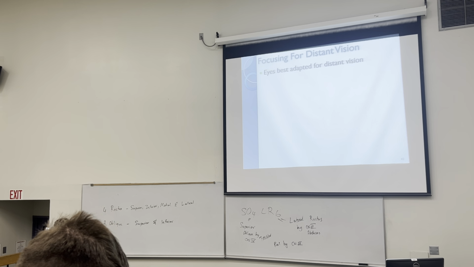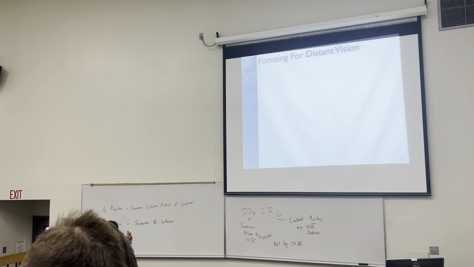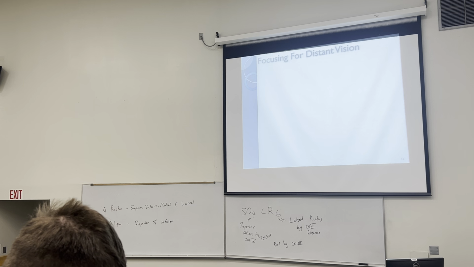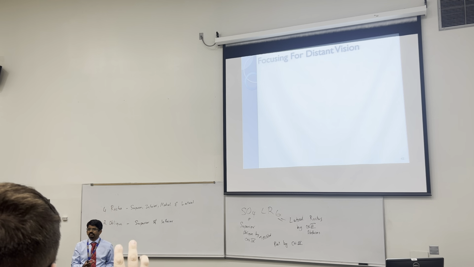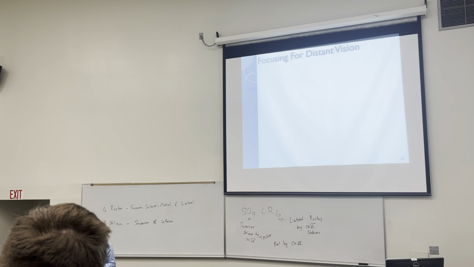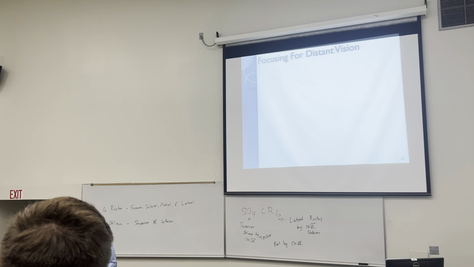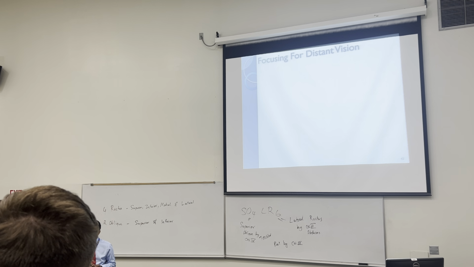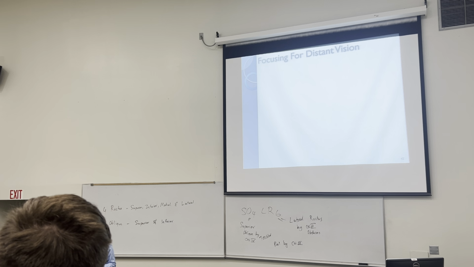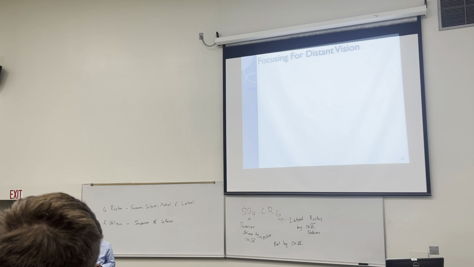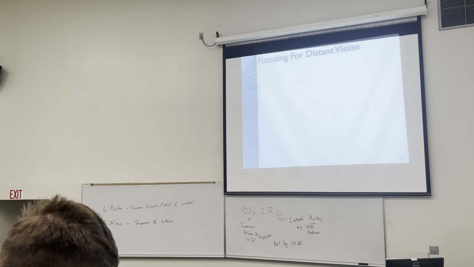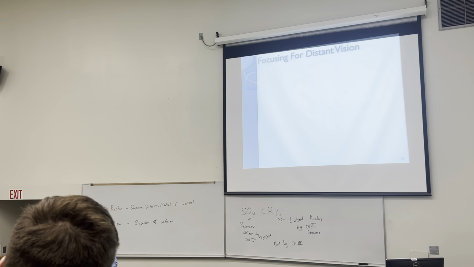Let's talk about, I think I mentioned this, why is best vision called 20/20 vision? Pretty much it's what normal people see at 20 feet and what you see at 20 feet. It's the same. It has to do with 20 feet.